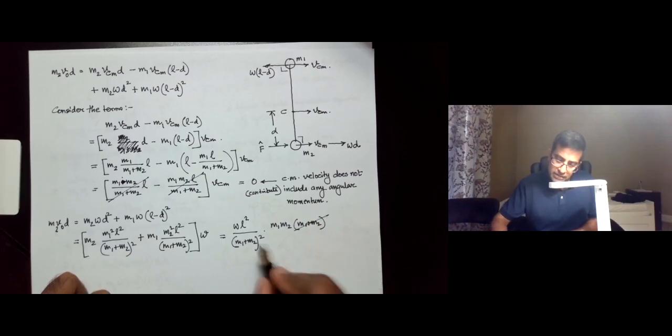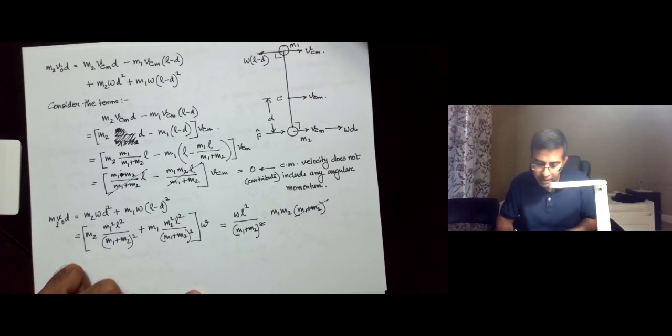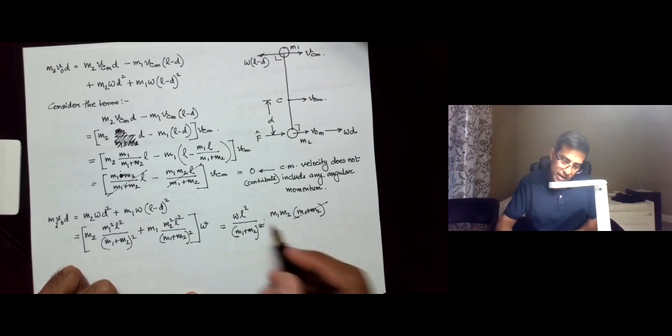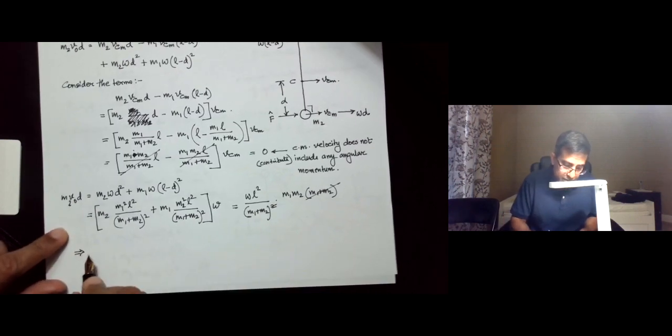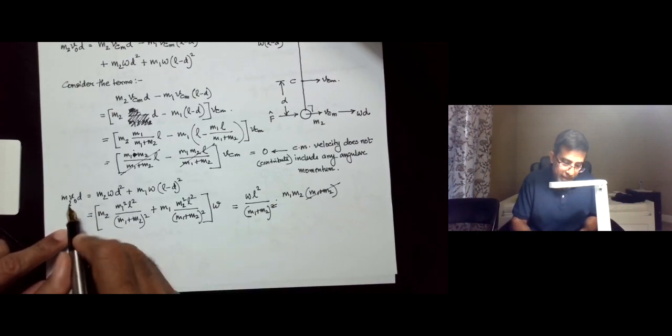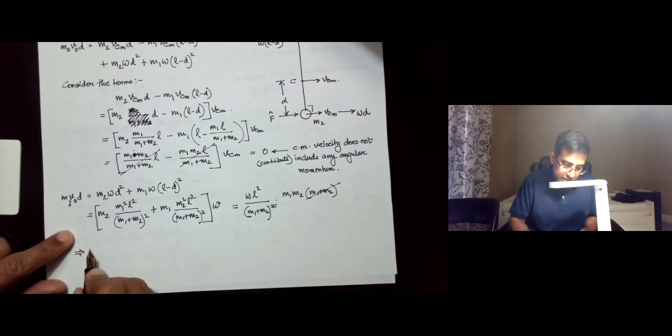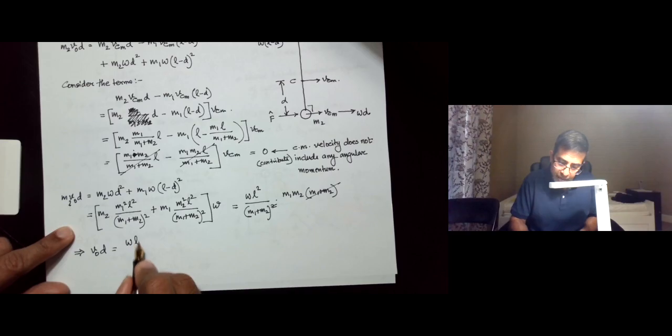So this cancels one of the m1 plus m2s in the denominator, and we can do a further simplification where we cancel m2 from both sides. So we will have v0 d is equal to omega L squared m1 divided by m1 plus m2.